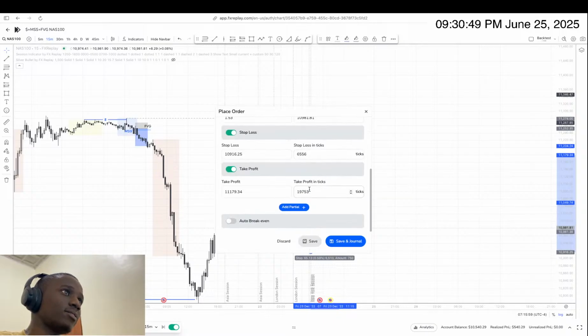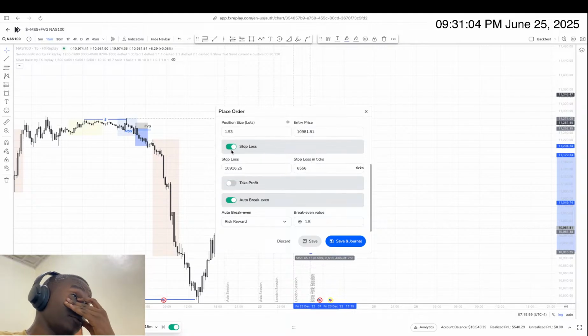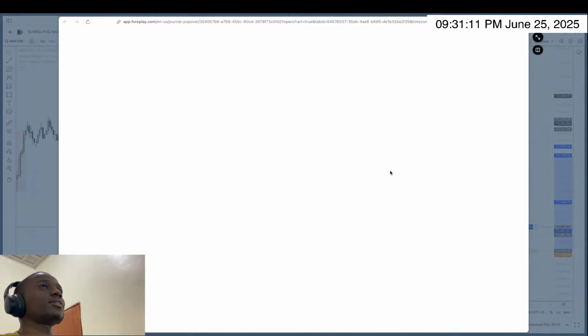So I'd like to risk 1% or break even when we reach given value of 2R. Okay, and actually 1.5 is enough. And yeah, take profit can be disabled since we have news. We can see a push, crazy push.